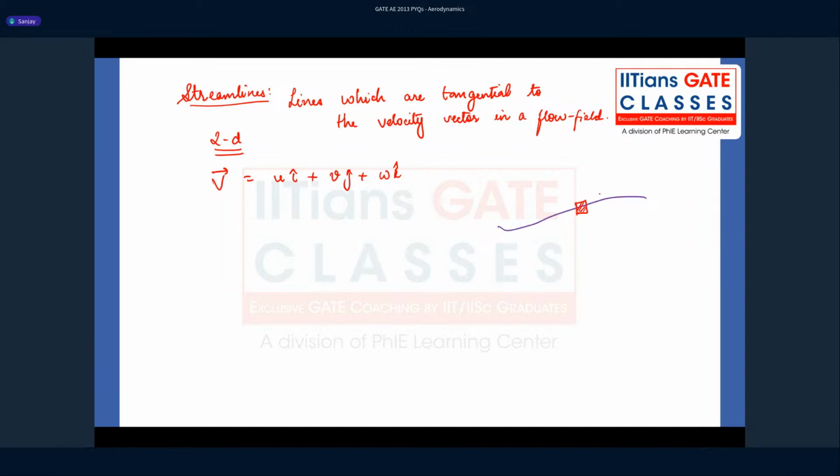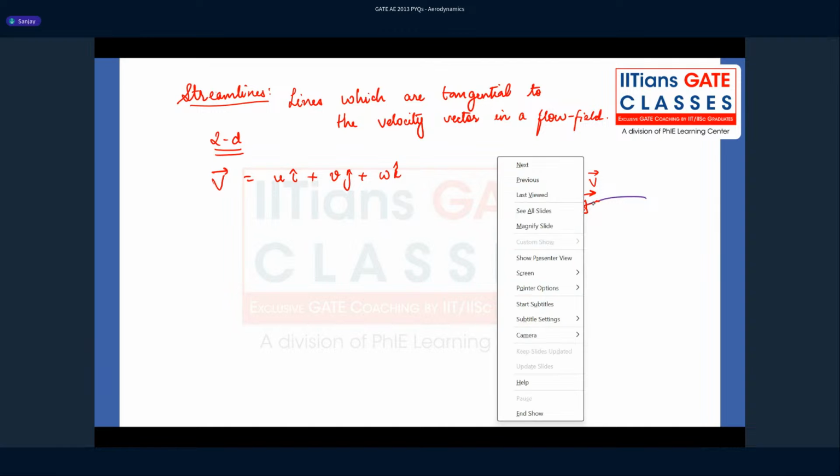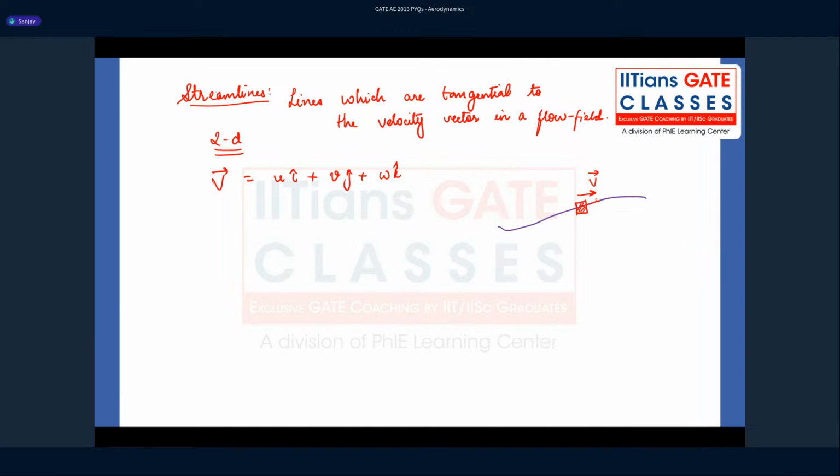This fluid particle moves with a velocity V. If I tag this particle and draw the position vector along the streamline at the point where the particle is present, let's say that position vector is given by ds, the directed element of the streamline along which the particle is moving.